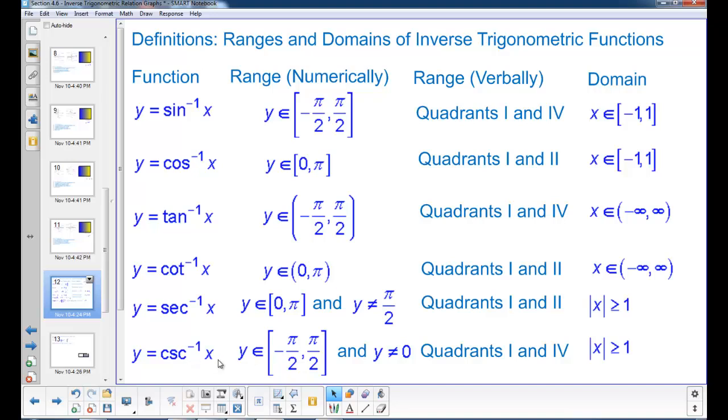For the inverse cosecant, the range is negative pi over 2 to pi over 2 inclusive, except for the horizontal axis where y equals 0, where we have that asymptote. This covers quadrants 1 and 4 on the unit circle. And again, the domain is the absolute value of x greater than or equal to 1.